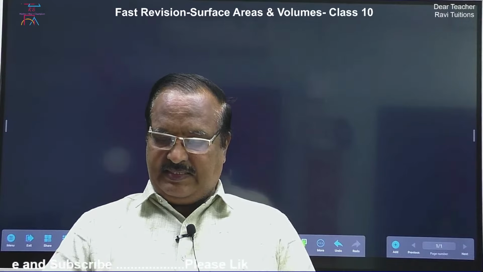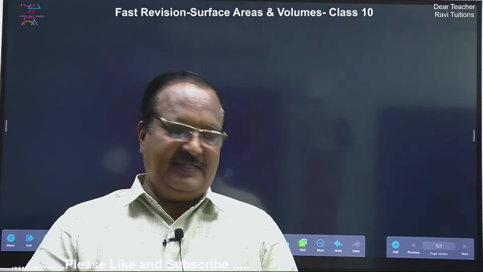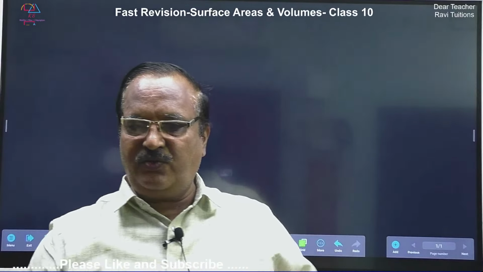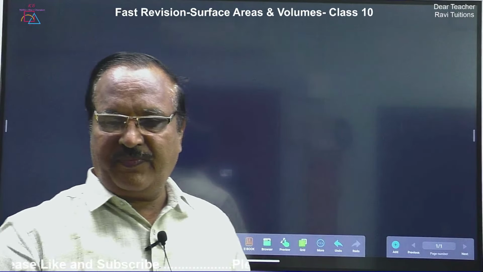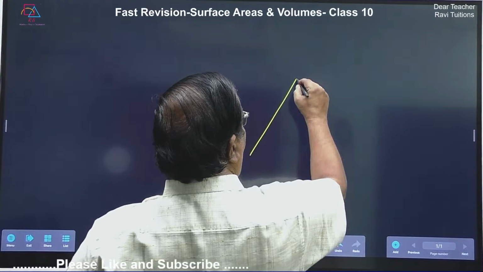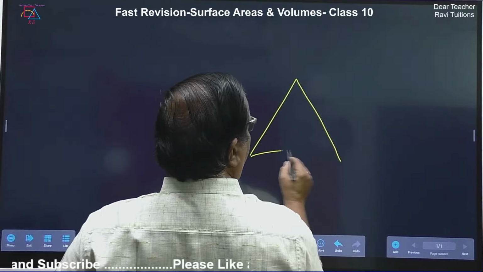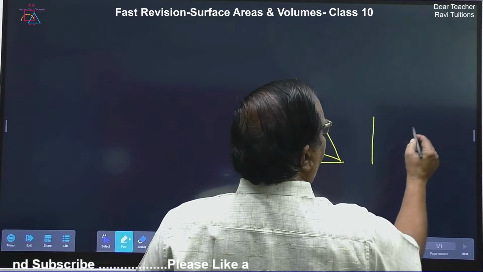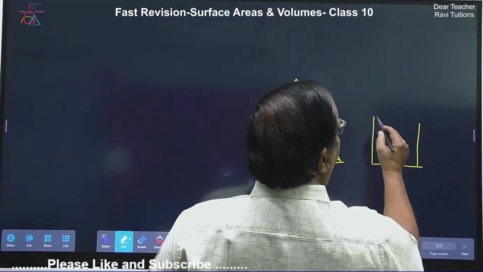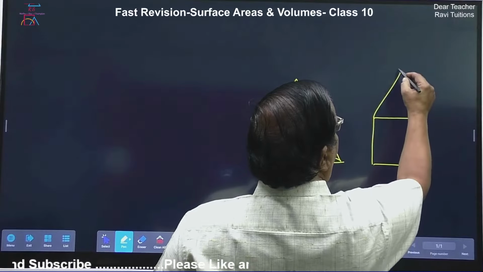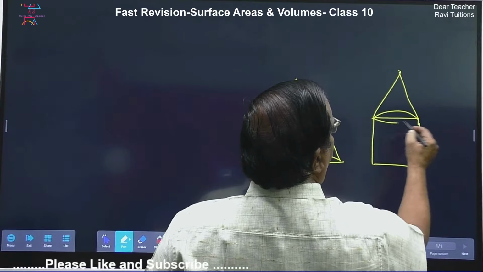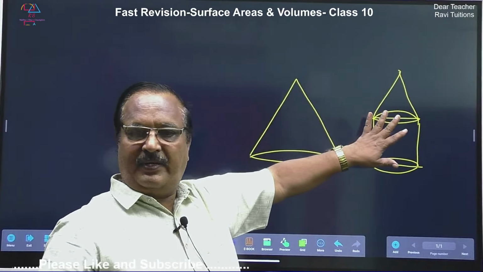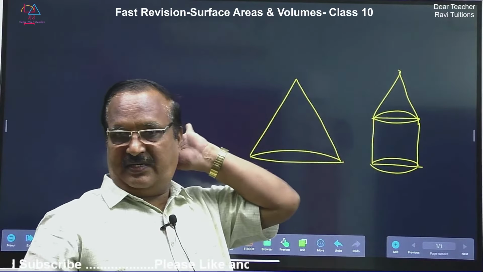The circus tent problem is of two types. One is simply a conical shape. This is a circus tent. Sometimes the tent will be on a cylinder like this. This is also a circus tent. Circus tents will be in these two forms.